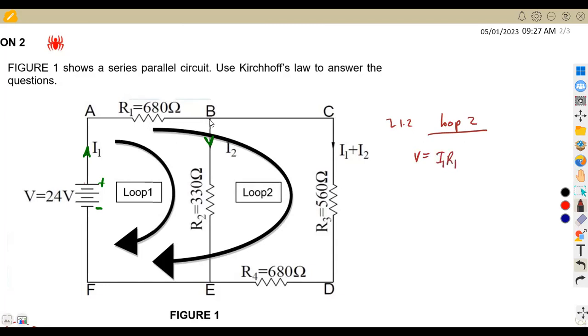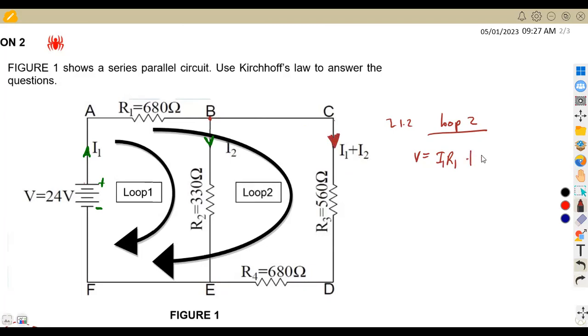Then remember, we are following from B to C to D. This is the same branch from this point B, C, going this direction up to the point E. We have the same current in this branch, which is I1 plus I2. This is the current that we are going to use in this case, I1 plus I2 flowing in the same direction.